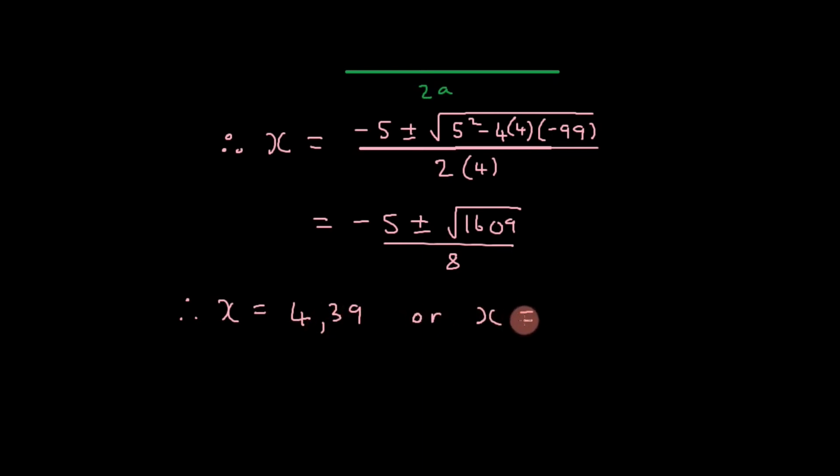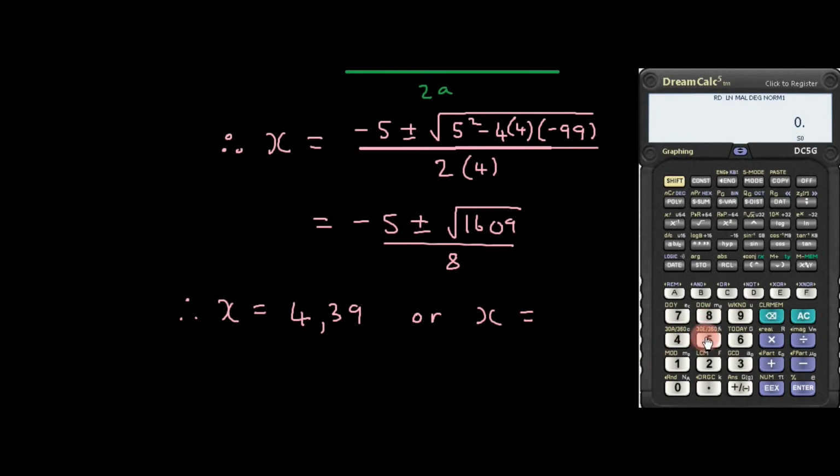Or x equals negative 5 minus the square root of 1609 all divided by 8. So negative 5 minus the square root of 1609, and this is divided by 8. So minus 5,64.